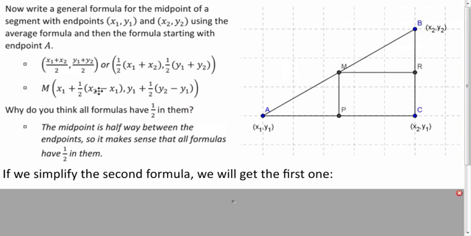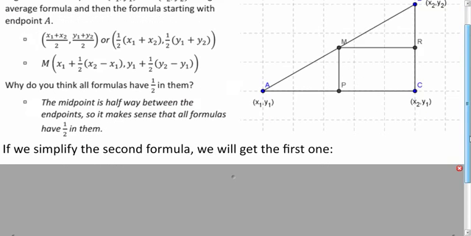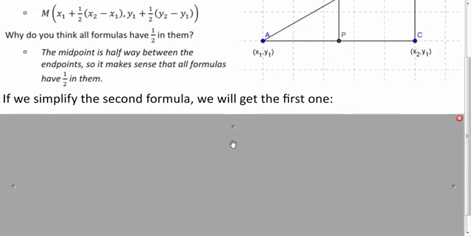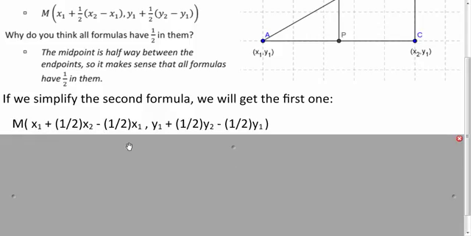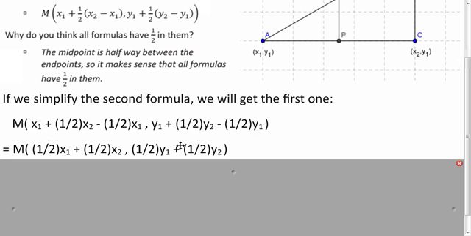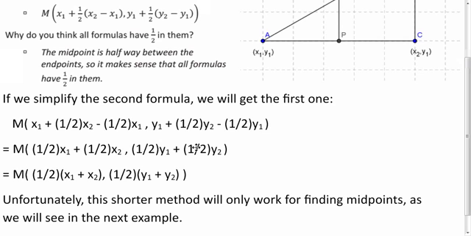Now, these two formulas are mathematically equivalent. If we do the work and distribute in our formula for M, we will see that we end up with the first formulas. So x1 minus 1/2 x1 is 1/2 x1, and the same for the y-coordinates. And we can factor out these 1/2s, and that gives us our formula for midpoints.